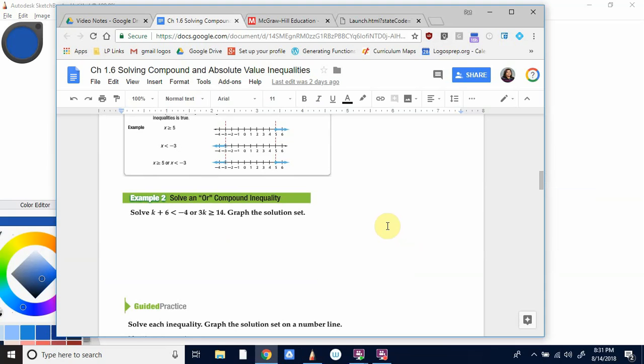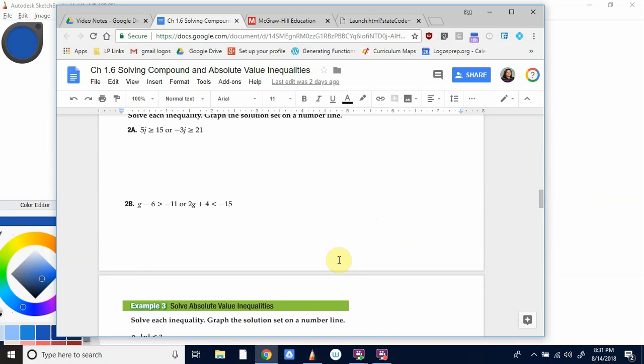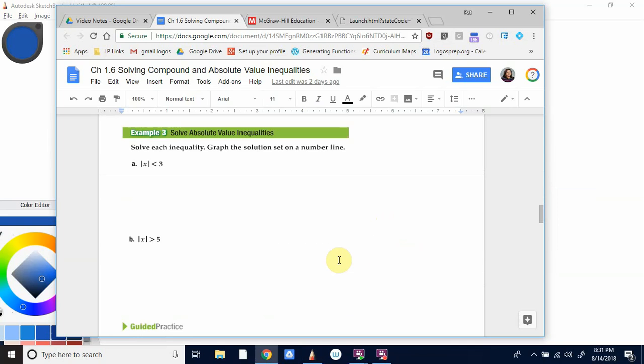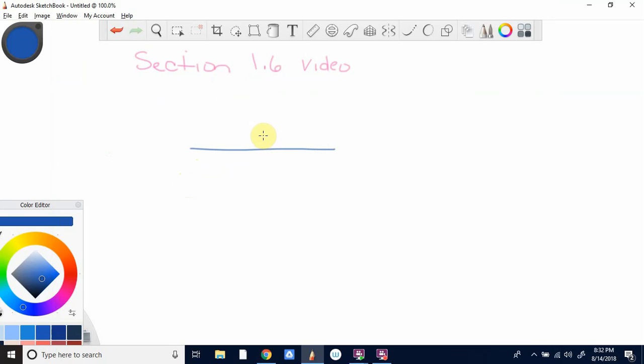So now let's move to example 3. Okay, solve each inequality, graph the solution set on a number line. So we have to remember that when we say the absolute value is less than 3, we're saying it's plus or minus, it's 3 units from 0. So if I graph this, then the 0, and I say it's less than 3 units.